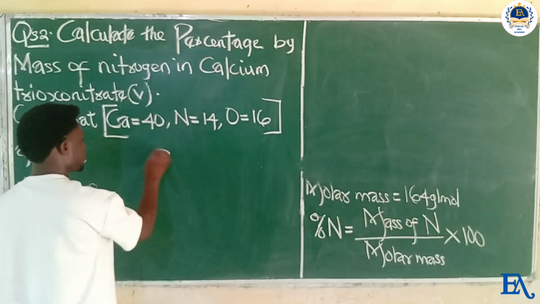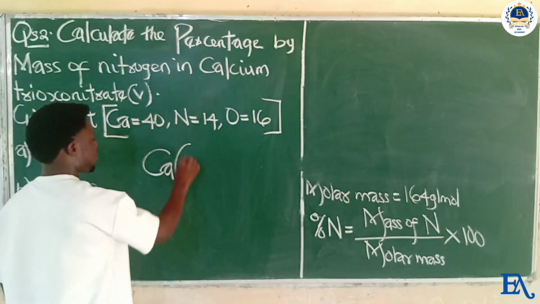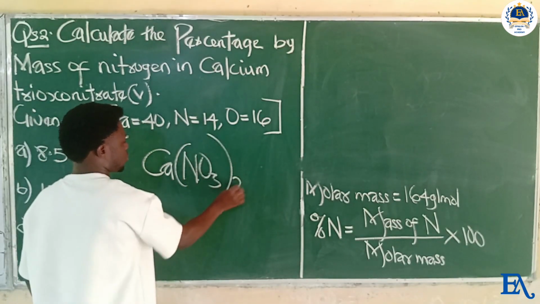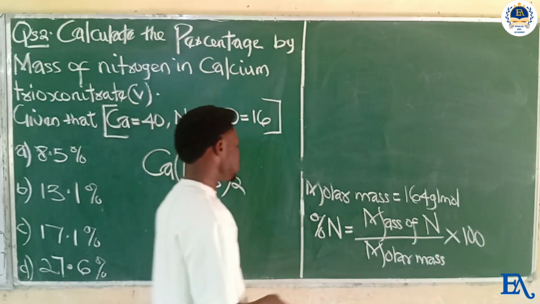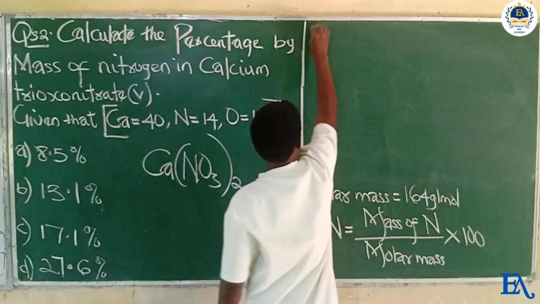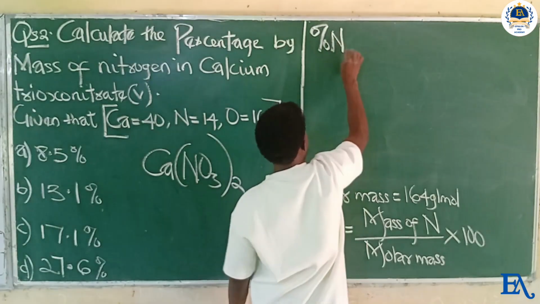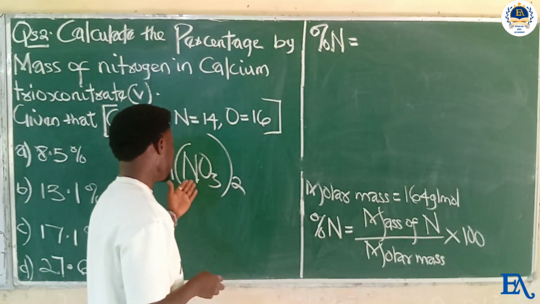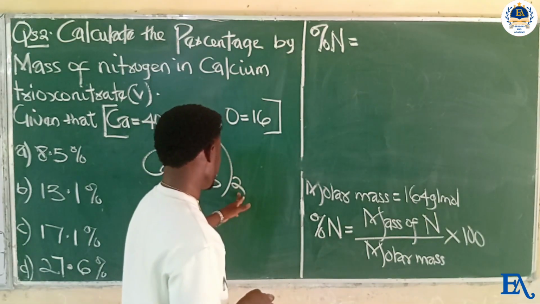The compound we have is Ca(NO3)2. Alright, so percentage by mass of nitrogen in this compound is given as percentage by mass of nitrogen is equal to the mass of nitrogen, which is 14 times 2.